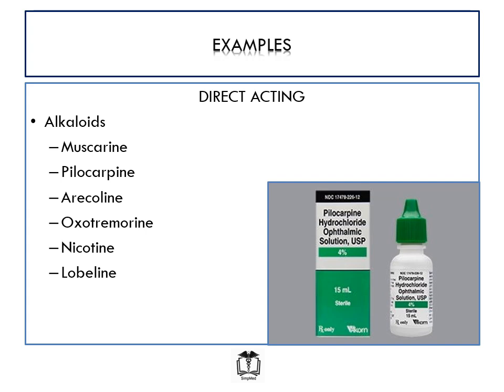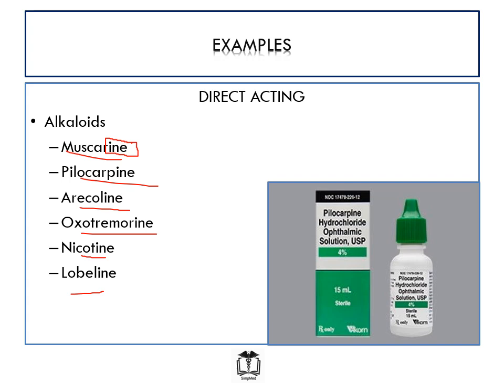For the drugs that are referred to as alkaloids, examples include drugs like muscarine, pilocarpine, arecoline, oxotremorine, nicotine, and lobeline. And if you also pay attention, you notice that most of these drugs tend to end with "ine" somewhere in their name. So muscarine ends with ine, same thing with pilocarpine, and then the rest of the other drugs.